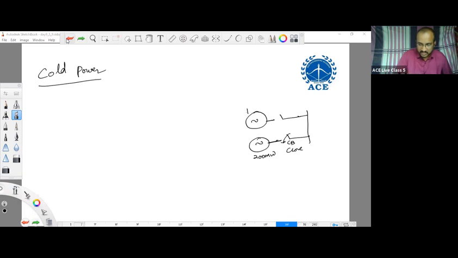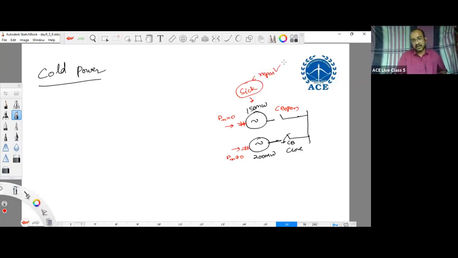Now this unit is under repair. The mechanical input is zero. There is no mechanical input given. But here the mechanical input is not zero, and it is delivering power to load. Circuit breaker is closed. But here the circuit breaker is open. This unit is under sick condition, or you can say repair condition.